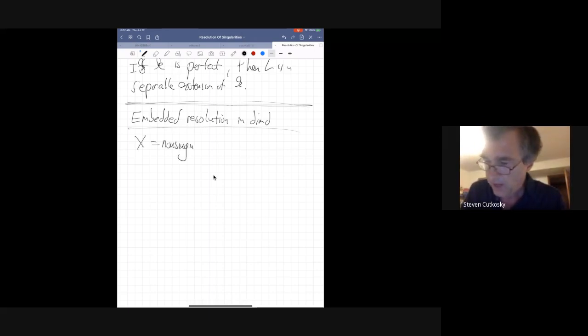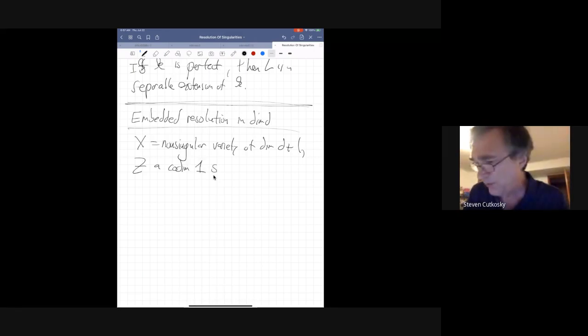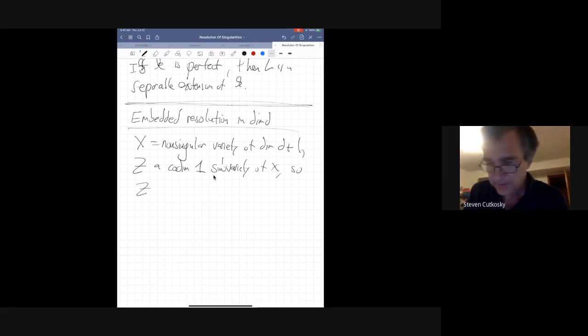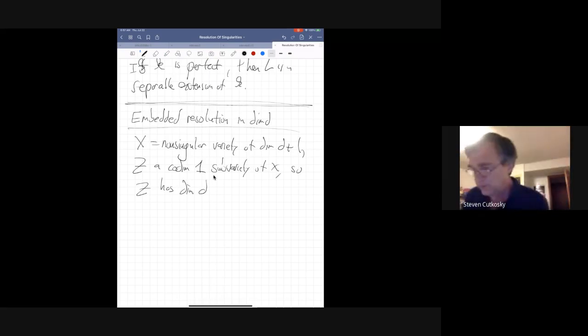So if we take X to be a non-singular variety of dimension D+1, and Z a codimension 1 subvariety of X, so that Z has dimension D.